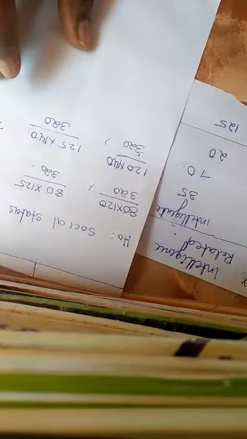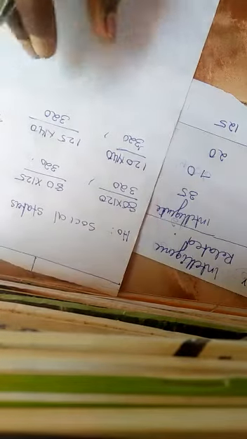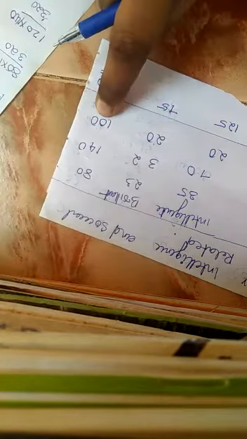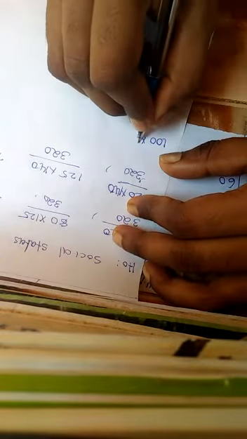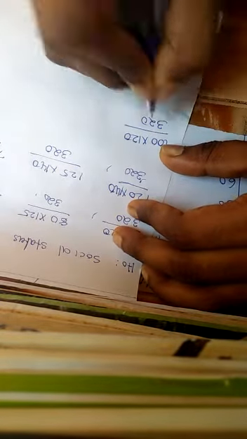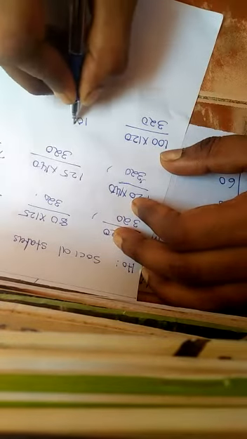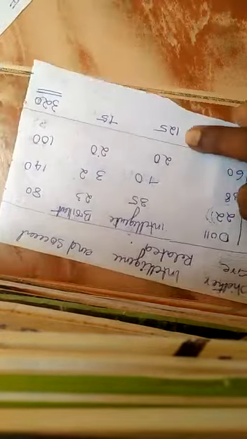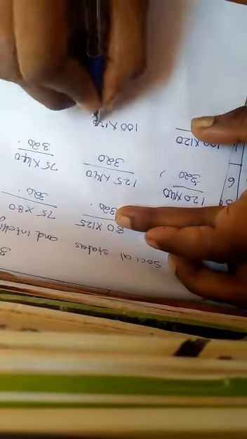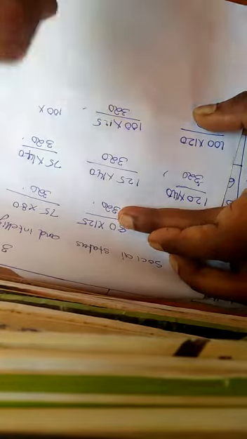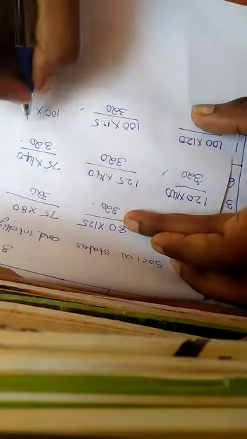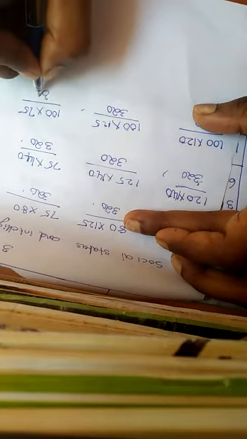Similarly, third row and first column: third row adds to 100 and first column adds to 120, so 100 into 120 divided by 320. Next is 100 into second column 125 divided by 320. Next is 100 into third column, that is 75, divided by 320.